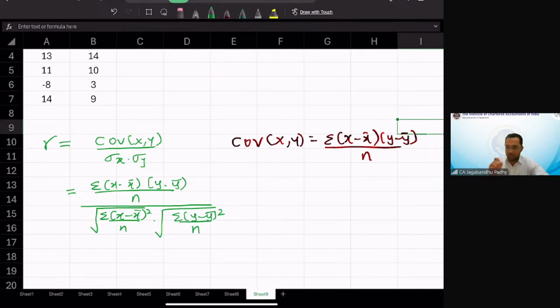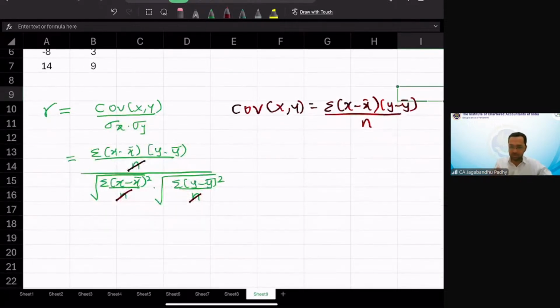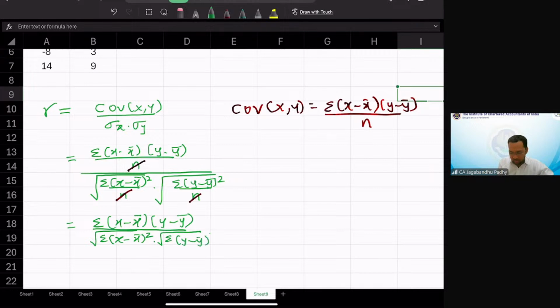Now we can definitely say from here that this n and the denominator n get cancelled. What we have is summation of (x minus x bar)(y minus y bar), the whole divided by root of summation (x minus x bar) square and root of summation (y minus y bar) square.